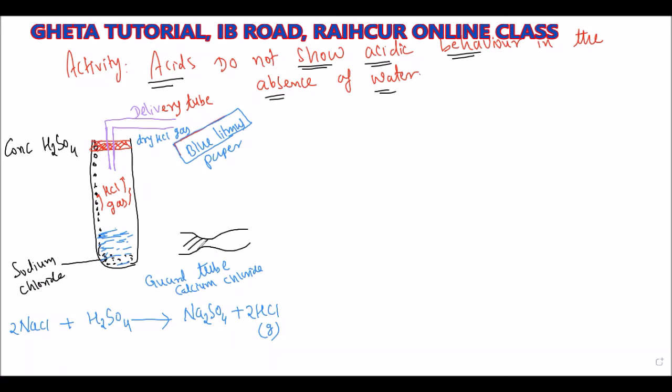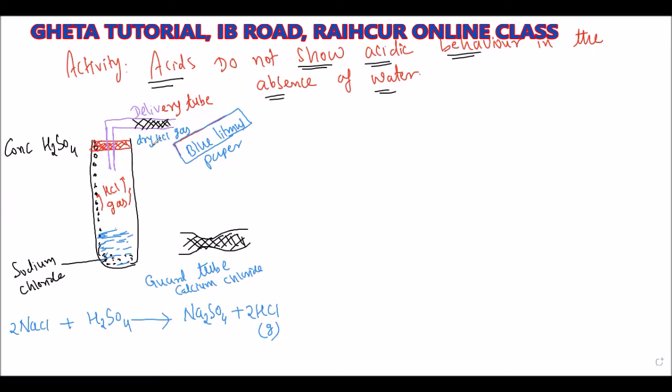In this guard tube we have calcium chloride, and you can fix this guard tube here. If the HCl gas produced is not dry, then as it passes through this guard tube, calcium chloride will make the HCl gas dry.